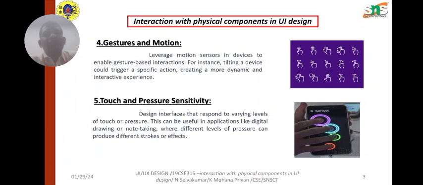Next one, touch and pressure sensitivity. Design interfaces that respond to varying levels of touch or pressure. This can be useful in applications like digital drawing or note taking, where different levels of pressure produce different strokes or effects. For example, in a smartphone we use a fingerprint unlock.